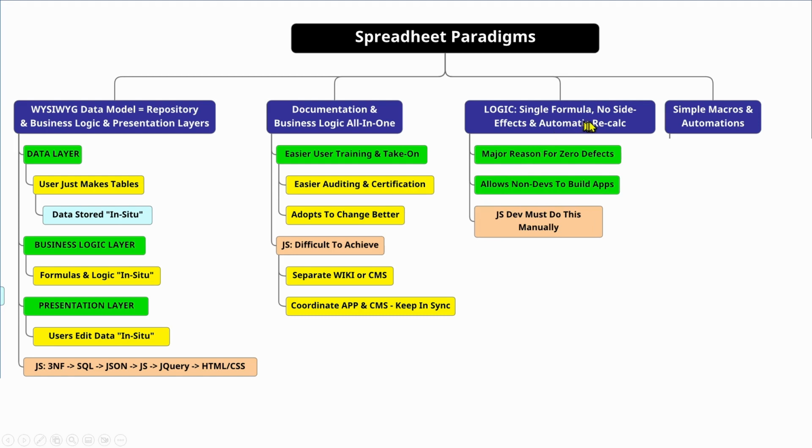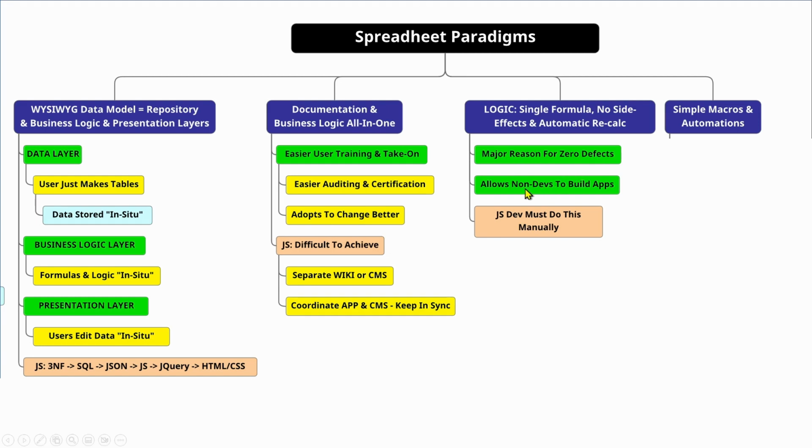Finally, in the Excel world, you put your logic in the form of single formulas that have no side effects and they're automatically recalculated. The dependency graph within Excel automatically handles all of the recalculation whenever data changes. And we reckon this is the major reason for them being able to do this without any defects creeping in.